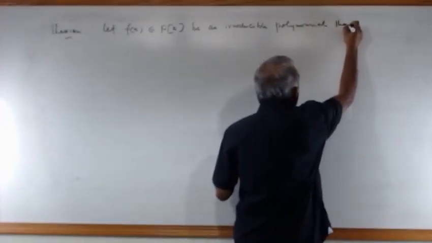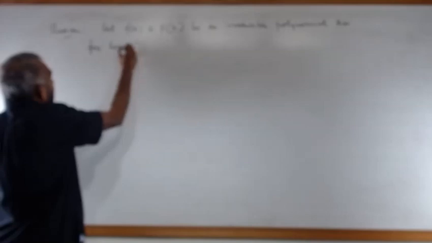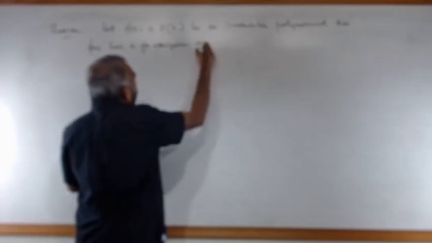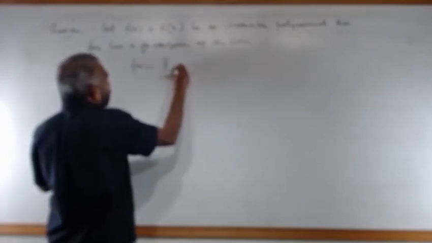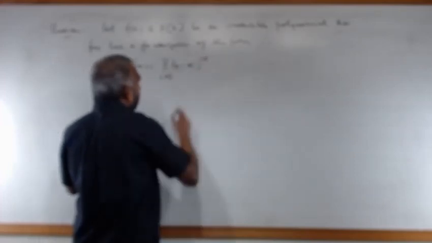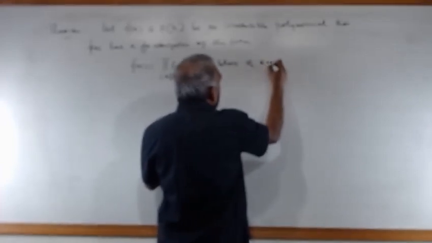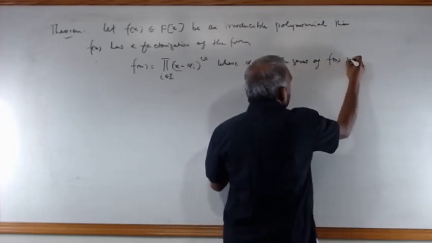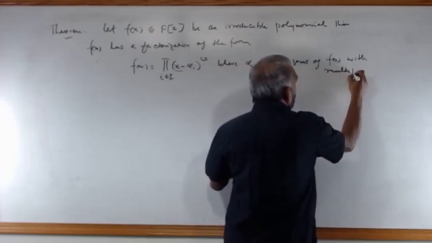Then f(x) has a factorization of the form f(x) equal to the product of (x minus alpha i) to the power of v, where alpha i's are the zeros of f(x) with the multiplicity v.